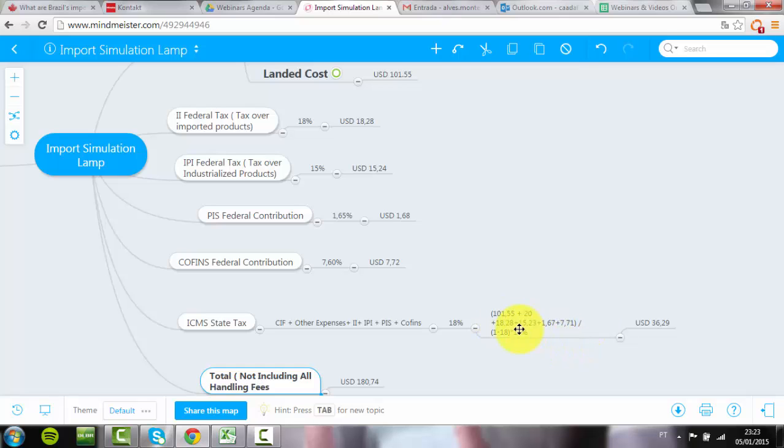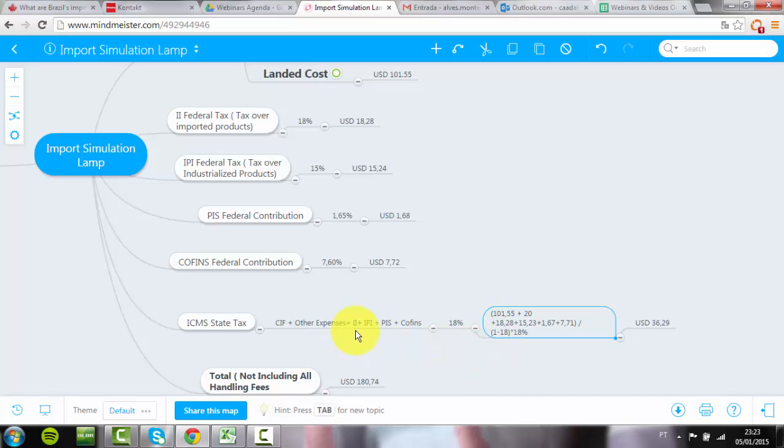The way to calculate it is: you have the CIF price, or the price when it arrives in Brazil, the landed cost of $101.55, plus other expenses, like forwarding and warehousing, which I'm considering will cost $20. Of course, I'm extrapolating here.